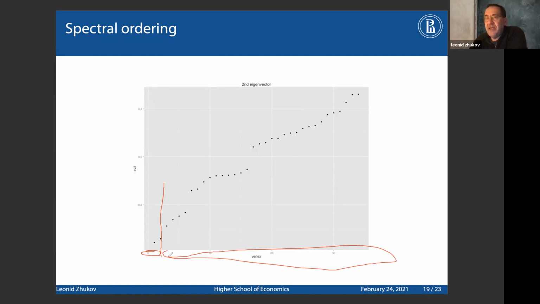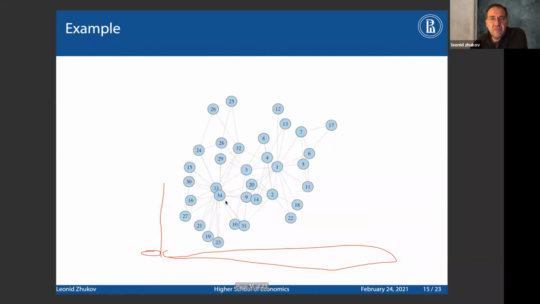When I have this partition, I can measure the value of the cut, how many edges I cut here. Let's say the partition is node 1 and node 2, and the rest, and let's calculate how many edges I cut. And I can also calculate normalized cut and all other metrics.